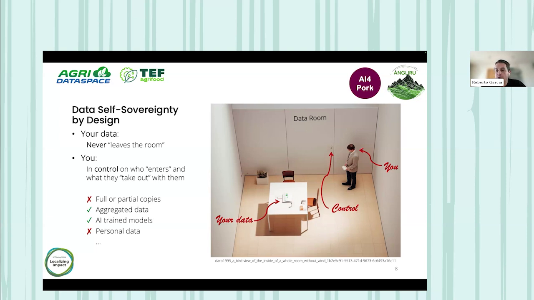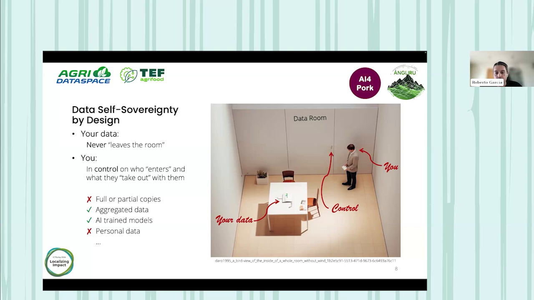So all the data about the accounts of the company, which is really sensitive, stays in a room. The negotiators can enter that room, but without mobiles, and they cannot take any paper out of that room. They cannot take notes, or just a small amount of notes, and you control what they are taking with them when they get out of the room. So that's the same in the digital world, what we are proposing.